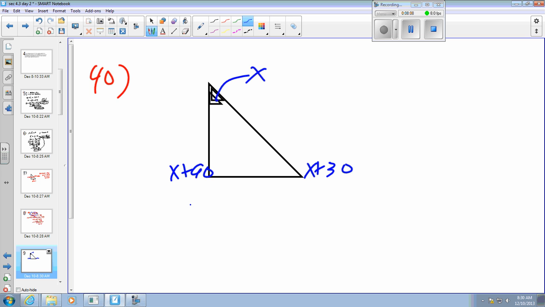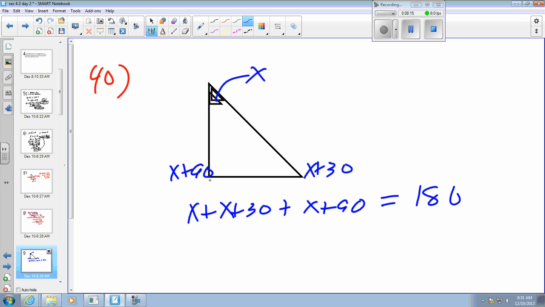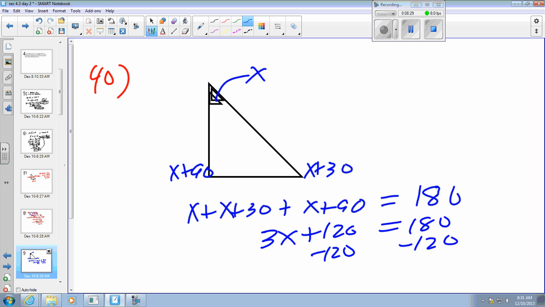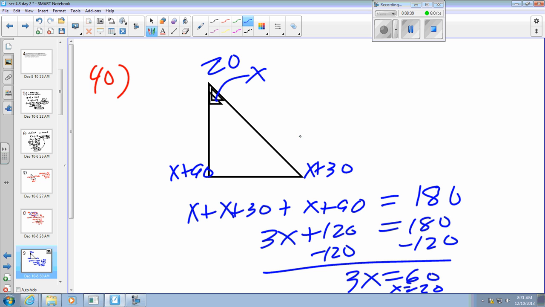Writing my equation for that would be x plus x plus 30 plus x plus 90 equals 180, because all triangles have the interior measure of their angles equal to 180. And simplifying, I get 3x plus 120 equals 180. Subtract the 120, subtract the 120, and I get 3x equals 60. So x has to be 20. So this angle is 20, this one's 50 degrees, and this one would be 110 degrees.